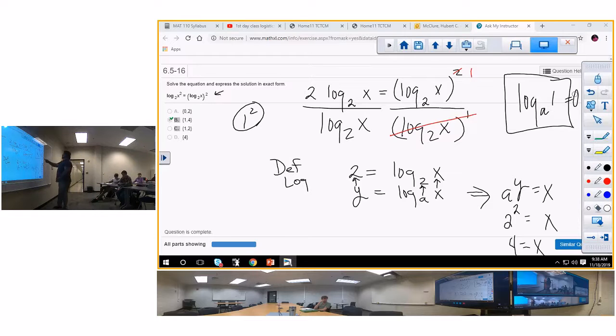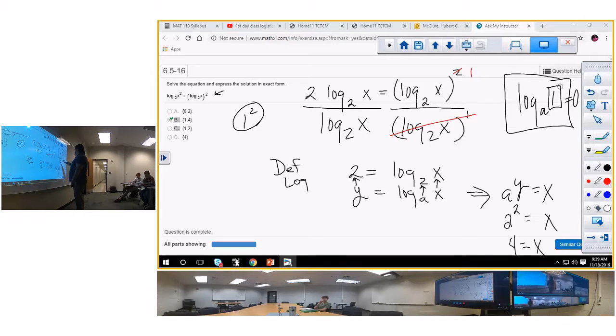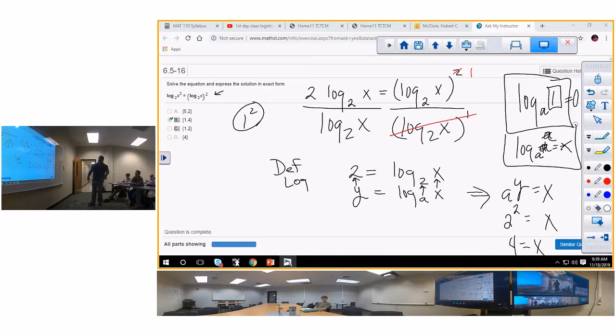That's where they're coming up with the log of 1. Y'all remember the 3 properties I gave you? Log of 1 is equal to 0. Log base A of A to the x is equal to x. Y'all remember those 3 properties I gave you at the beginning of 6.3? That's where that comes from.